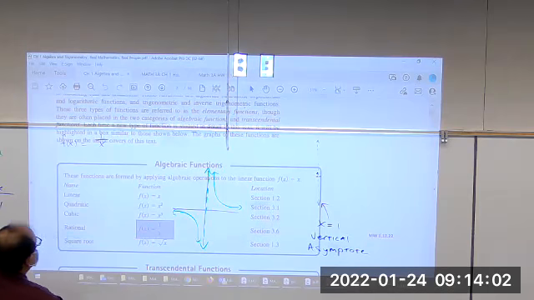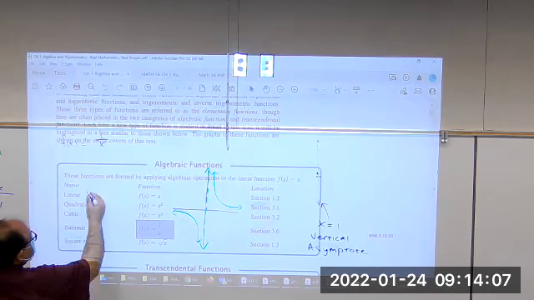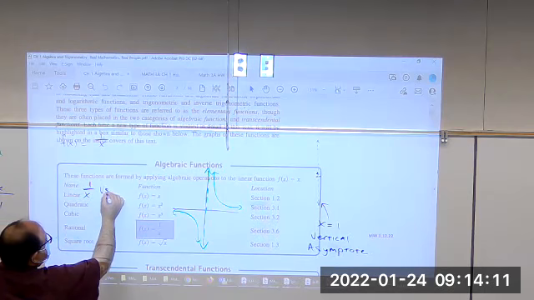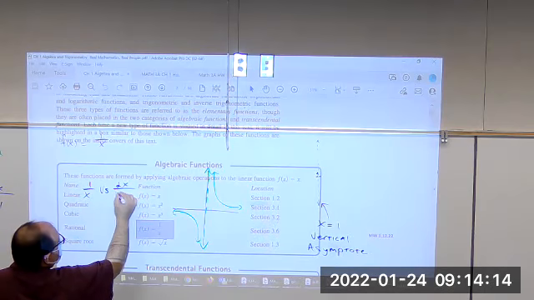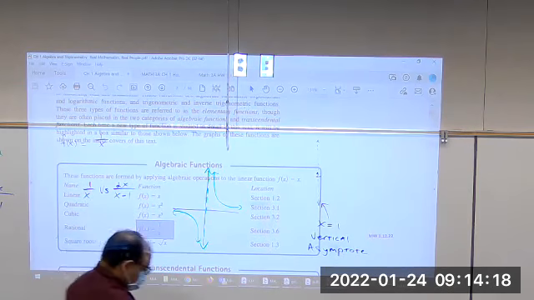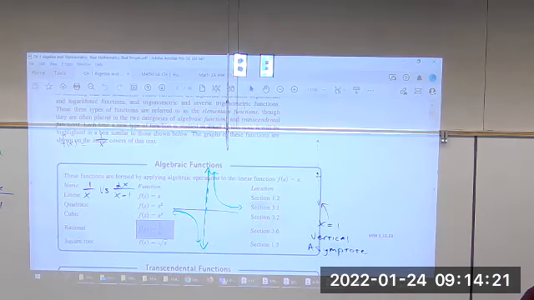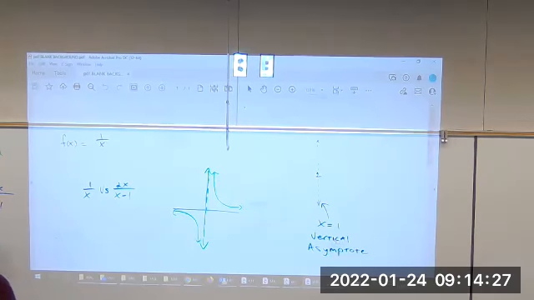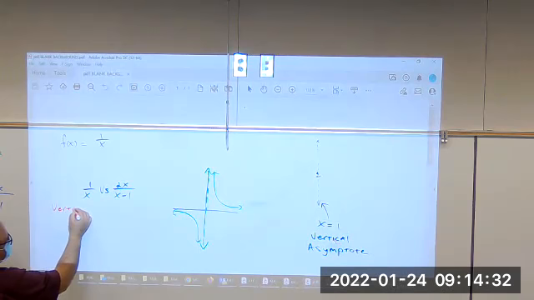One over x versus 2x over x minus 1. This one, vertical asymptote.